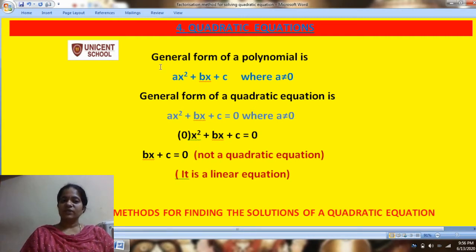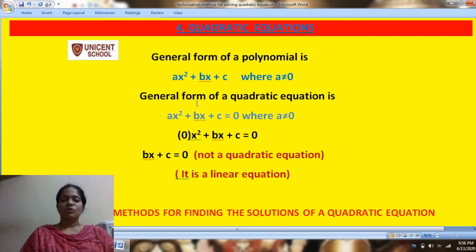When we learnt about polynomials, we found that the general form of the polynomial is ax square plus bx plus c, where a is not equal to 0. When we put this general form of the polynomial equal to 0, we get the general form of the quadratic equation.